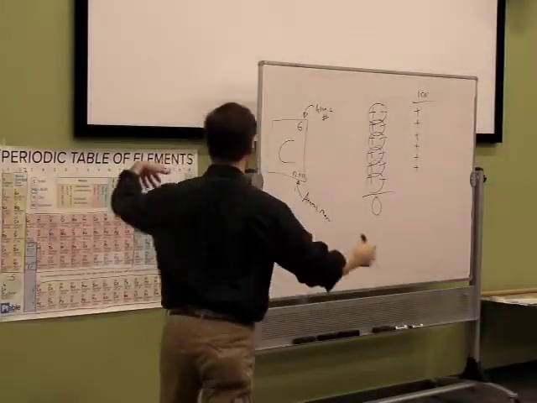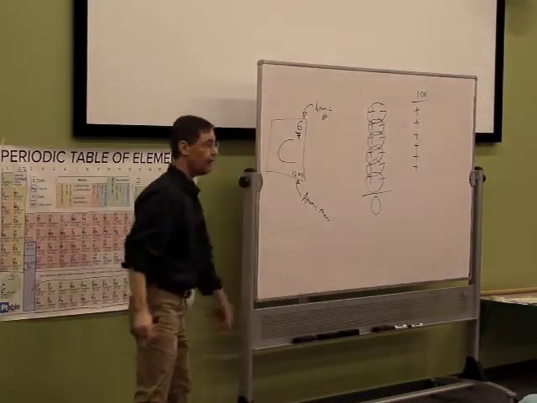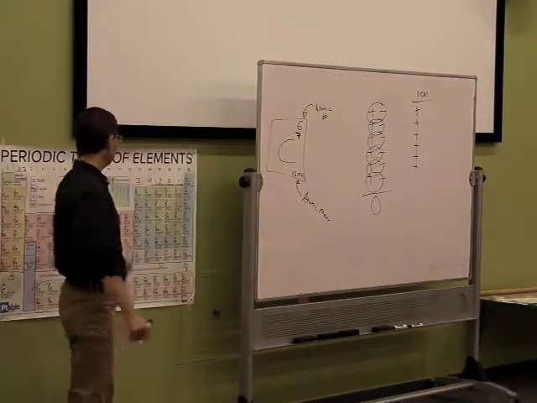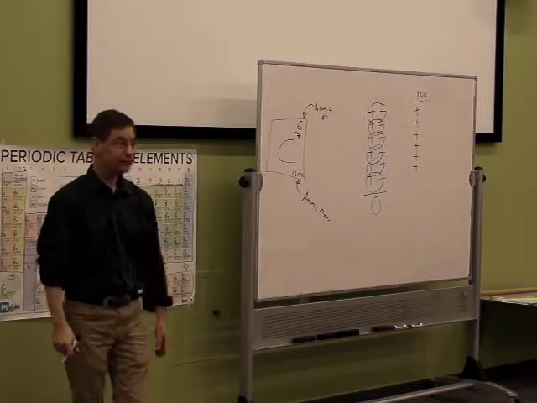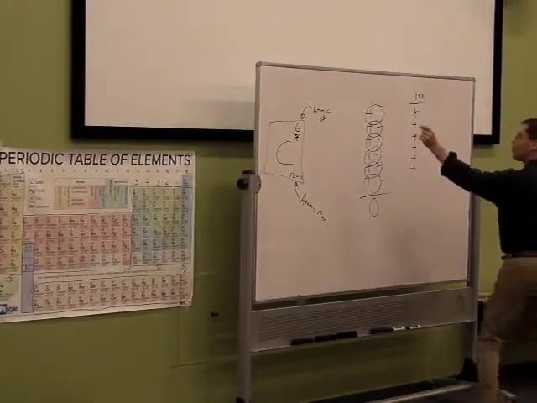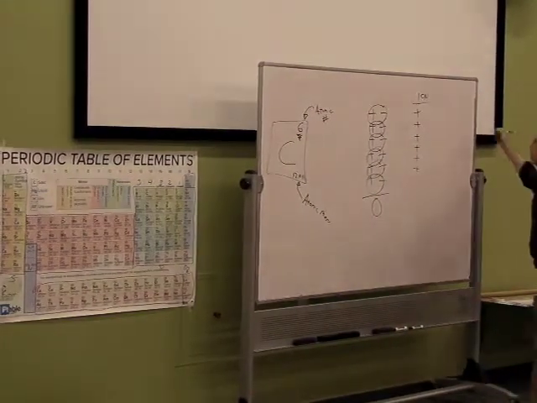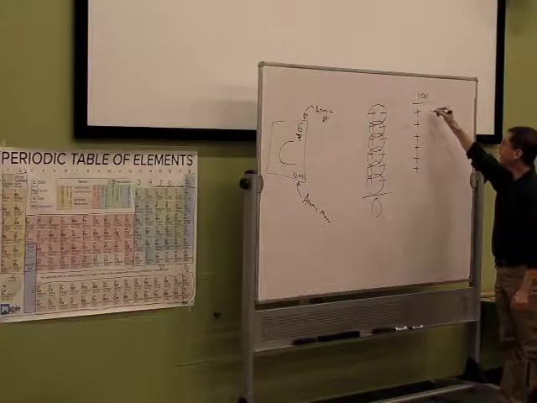If it's carbon, it will always have 6 because this is its social security number. If it has 7, it's no longer carbon, it's nitrogen. If it has 5, it's no longer carbon. Boron, right? So carbon will always have 6.